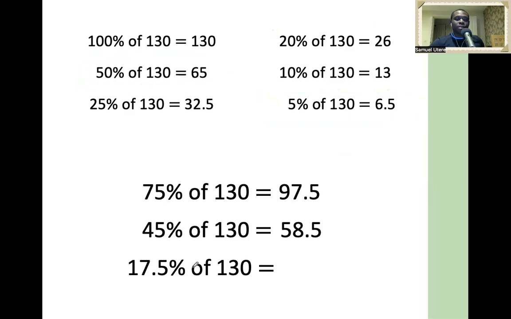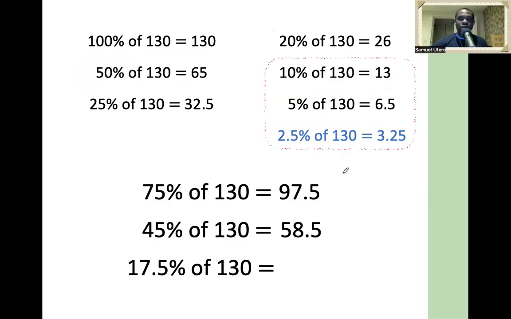What about 17.5%? To work with decimals like this, there are different ways we can do it. One person might say, let's find 2.5% of 130 first, because we already know 5%. If we halve 5%, we'll get 2.5%.